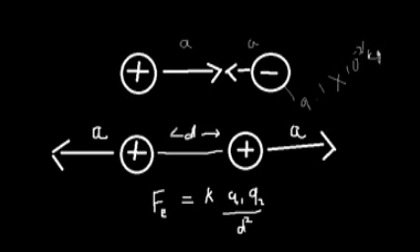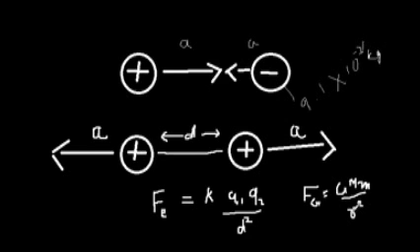It is very similar to the gravitational force, Fg, and the formula is very much similar. We have G, capital M and small m, or you can write m1 m2 by r square, where r is the distance between the two masses.